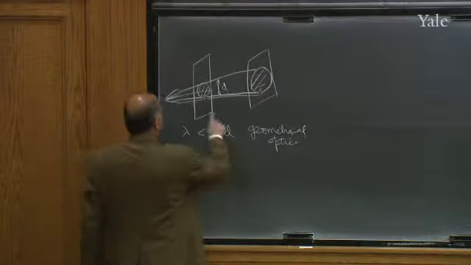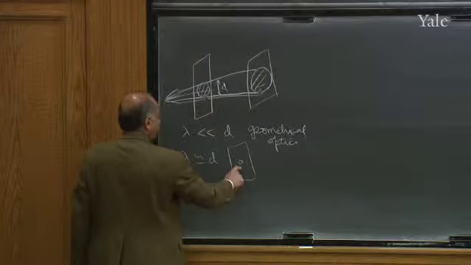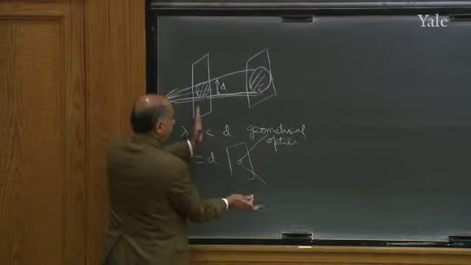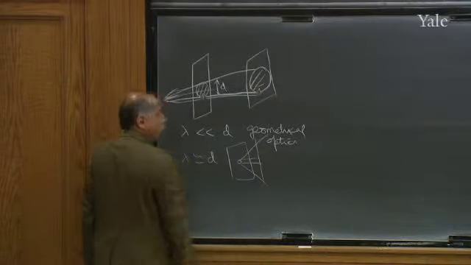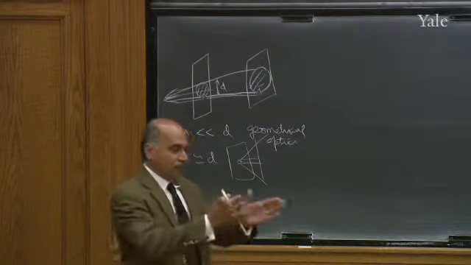Then you will find out that if you put a very tiny hole in a screen, very, very tiny compared to the wavelength, the waves will then spread out and form something much bigger than the geometric shadow. Then you will have to realize that drawing straight lines won't do it.